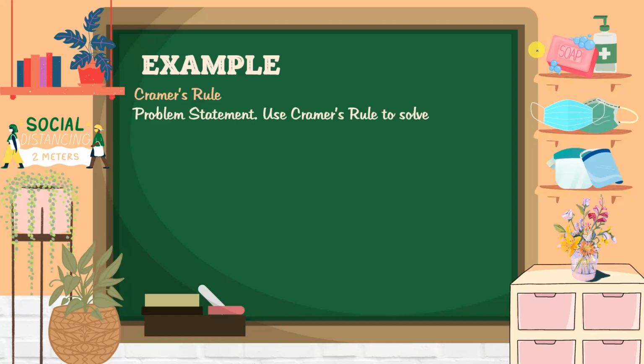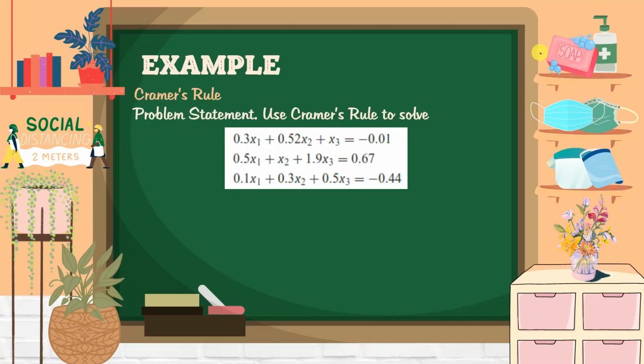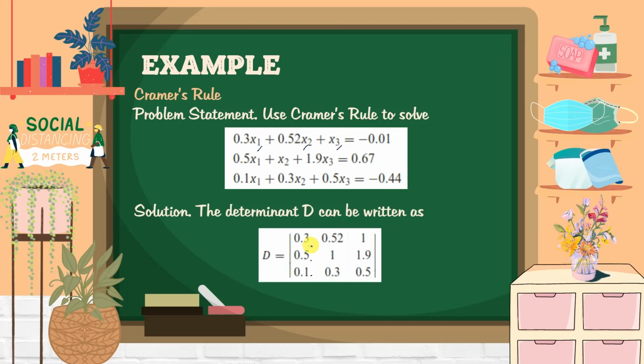So for the Cramer's rule problem statement, use Cramer's rule to solve the given equations. So we have here x sub 1, x sub 2, and x sub 3. So, for the solution, we can write the determinant D as 0.3, 0.5, 0.1, 0.52, 1, 0.31, 1.9, and 0.5.